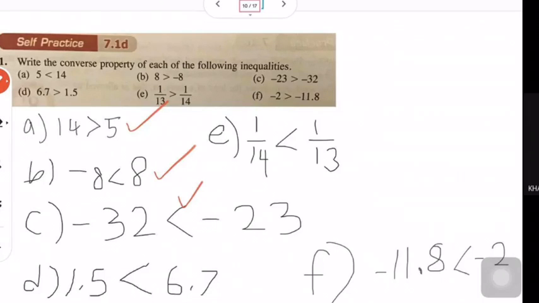And D, 1.5, the converse of D, okay. Yeah, it's less than 6.7, and F, negative 11.8 is less than negative 2. Okay, correct. Easy, kan? Okay, very good.